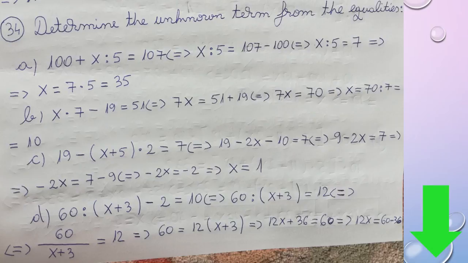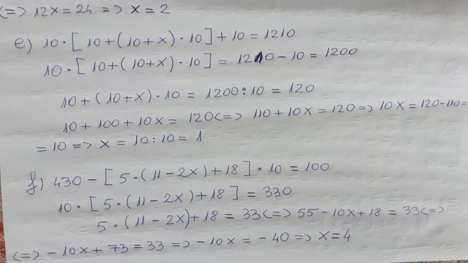In point D, we can write the division as a fraction. So 60 divided by x plus 3 is equal to 12. So 60 is equal to 12 times x plus 3. So 12x plus 36 is equal to 60. So 12x is equal to 60 minus 36. So x is equal to 2.